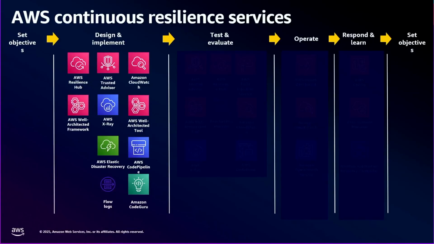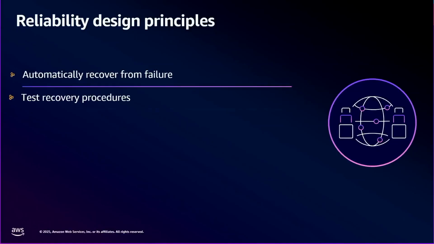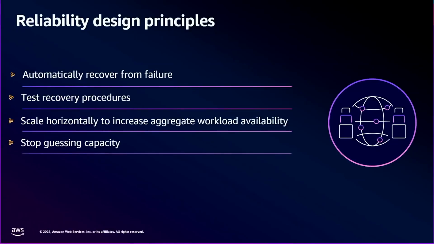There's things like the Well-Architected Framework that has a whole pillar focused on resilience. And diving into that, the reliability pillar of the Well-Architected Framework has a number of design principles, and hopefully you're familiar with the Well-Architected Framework. There are principles like using auto scaling so that you don't have to guess capacity.